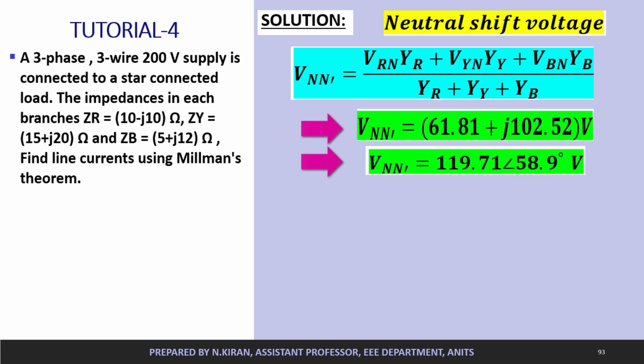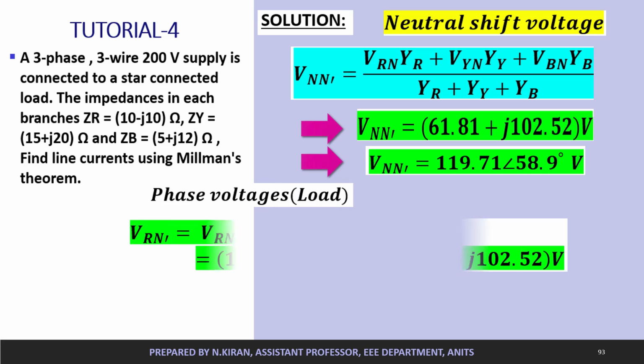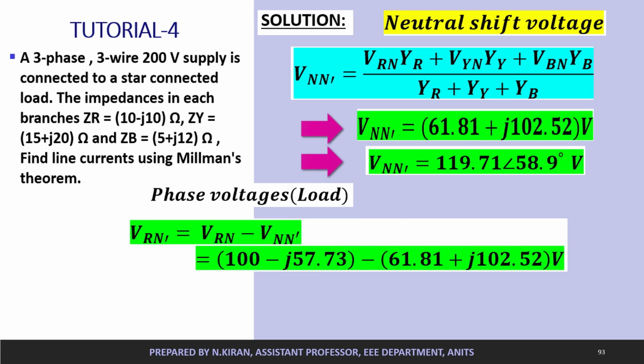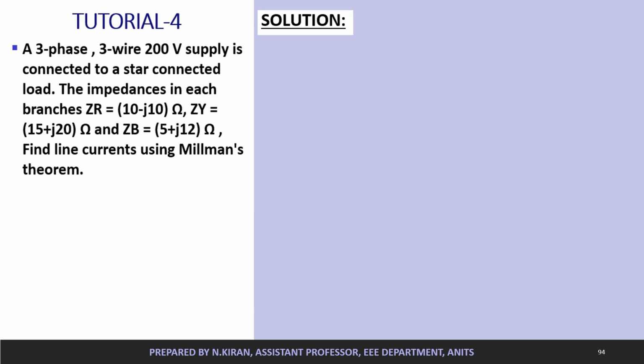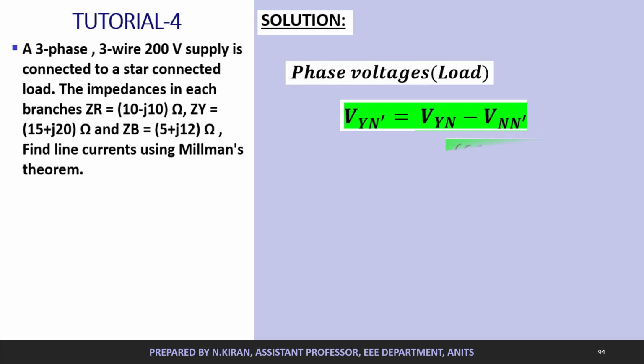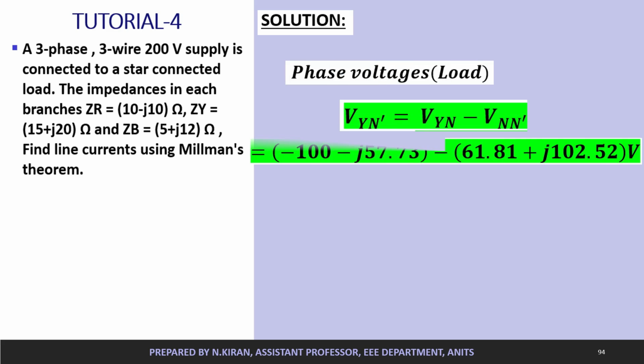Now from neutral shift voltage, you will find the load phase voltages by subtracting this neutral shift voltage from phase voltage of the source. So from that I'll get the value for VRN dash, VYN dash and VBN dash.